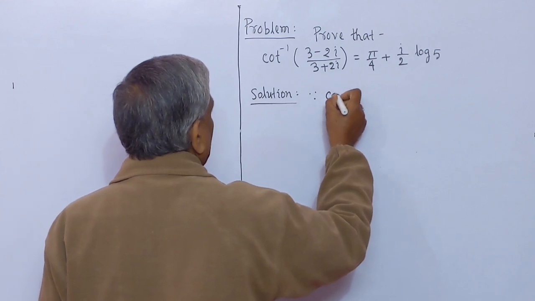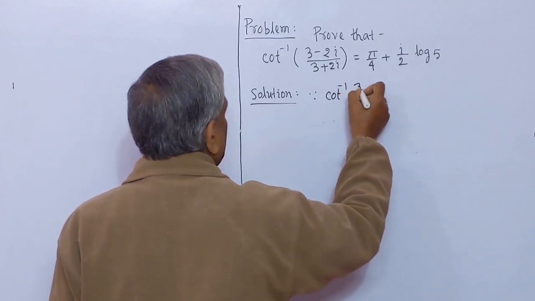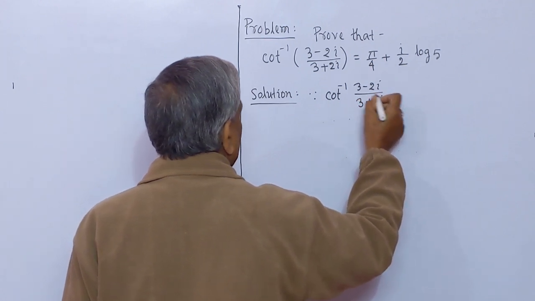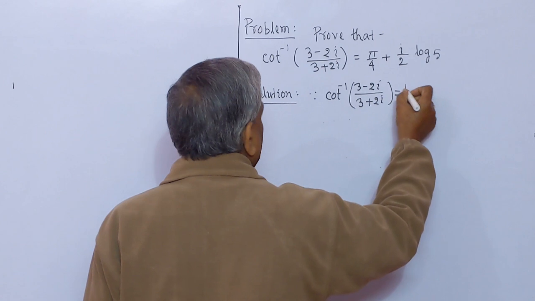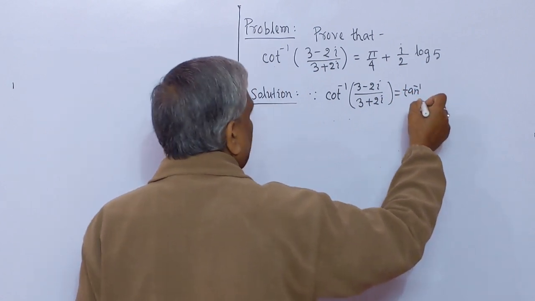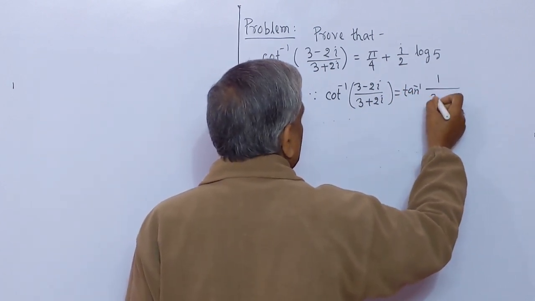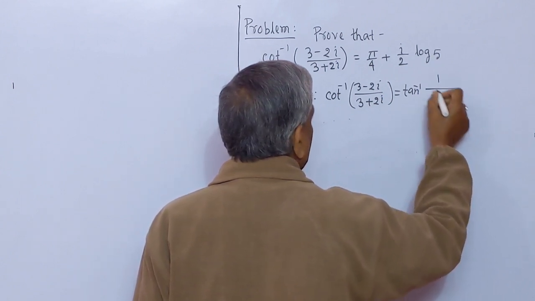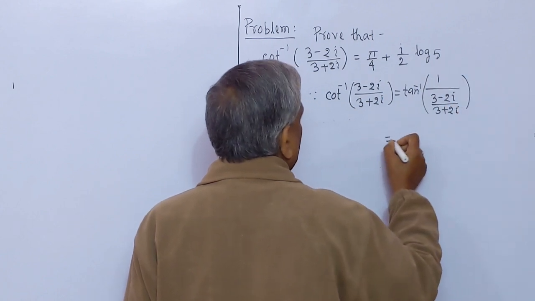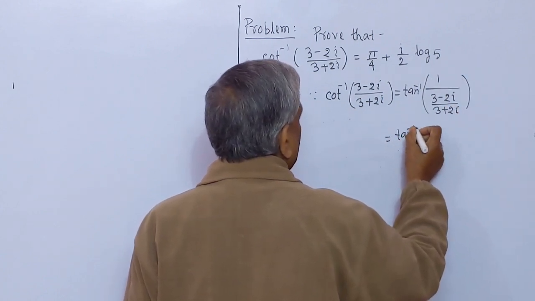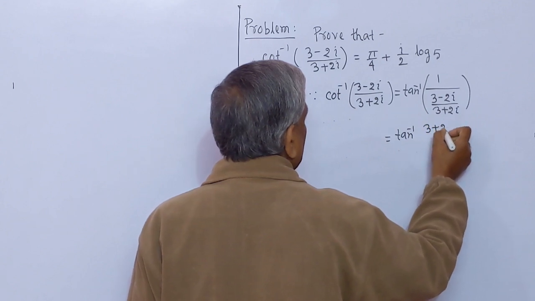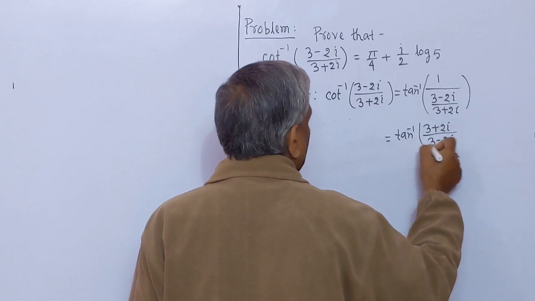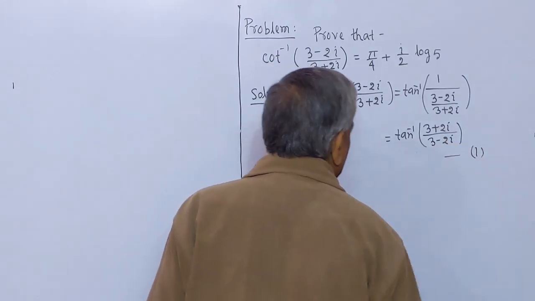Since cot inverse of (3 minus 2i) by (3 plus 2i) equals tan inverse of 1 divided by (3 minus 2i) by (3 plus 2i), and this is equal to tan inverse of (3 plus 2i) by (3 minus 2i). Let this be number 1.